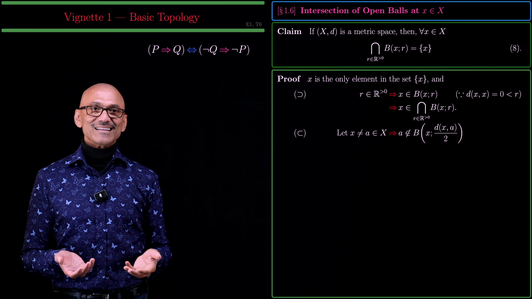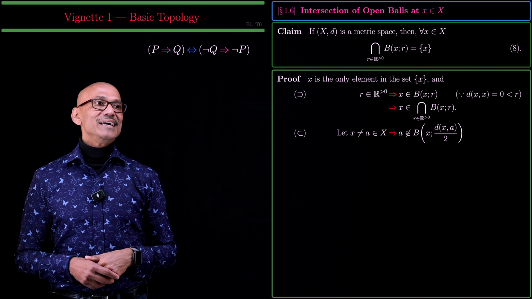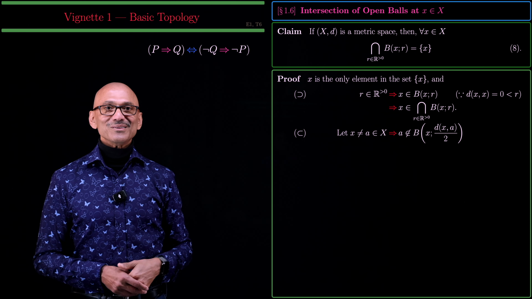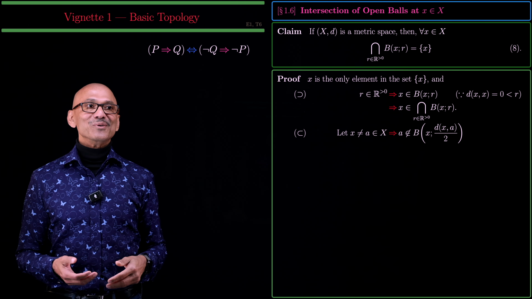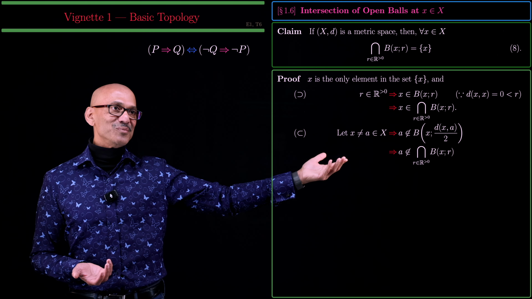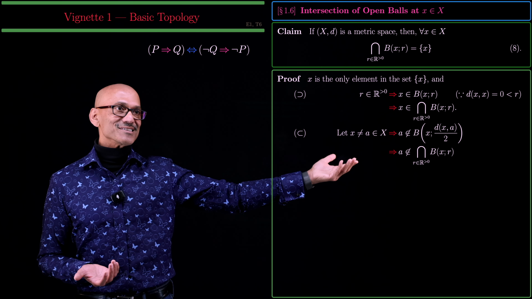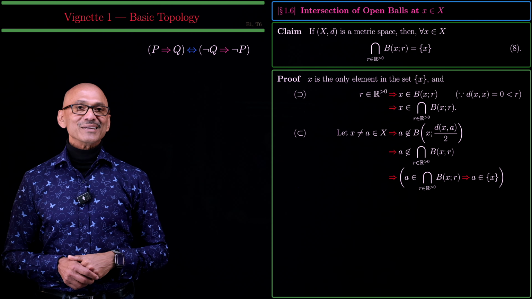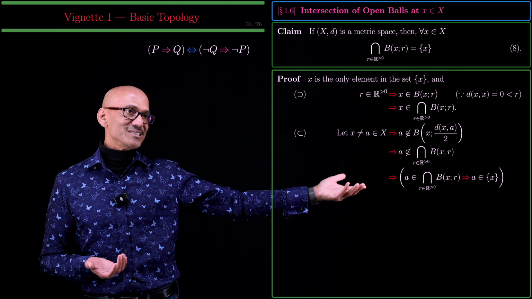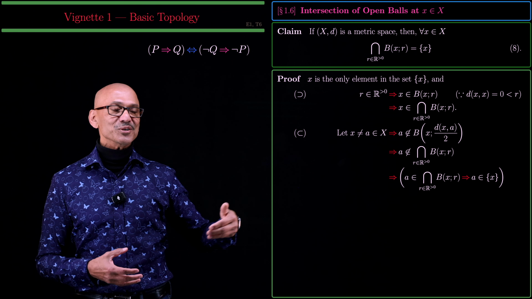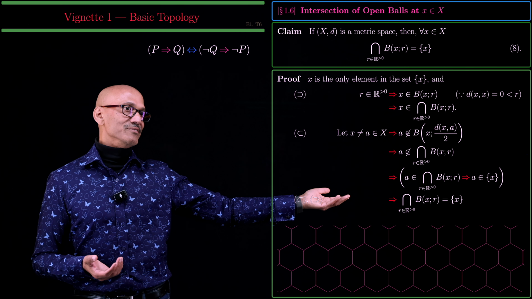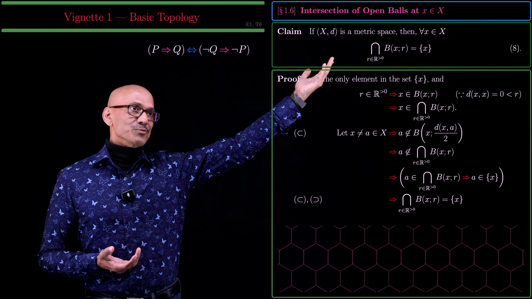And since a does not belong to this one open ball, it surely does not belong to the intersection. So we have established that whenever an element does not belong to the singleton, it does not belong to the intersection. And by the logical equivalence of an implication and its contrapositive, we have also established that whenever a belongs to the intersection, it belongs to the singleton, which means that a has to be equal to x. And since we have established left inclusion and right inclusion, we have established the equality of the two sets in equation 8.